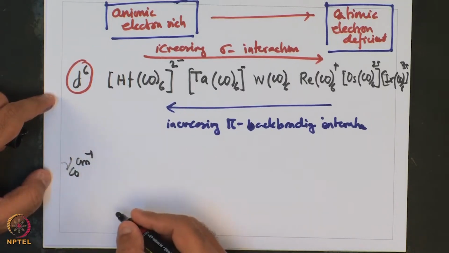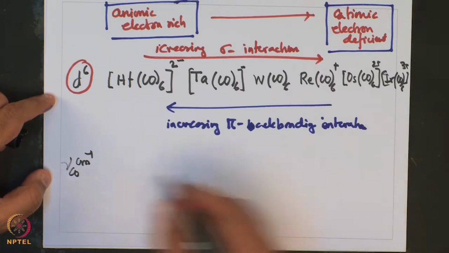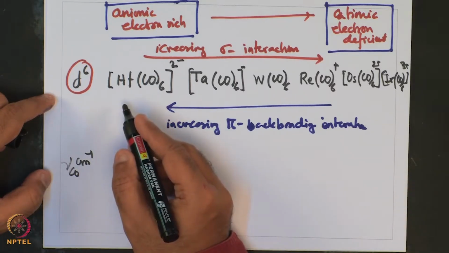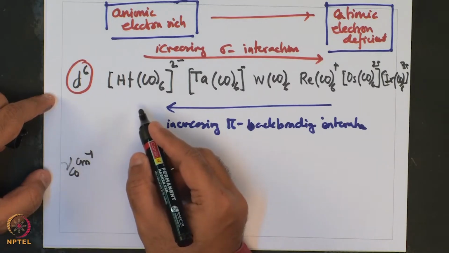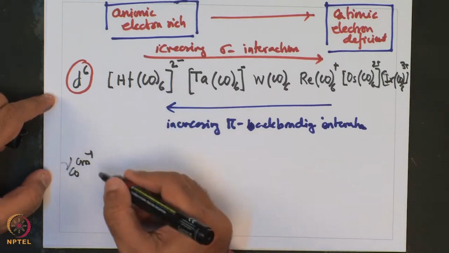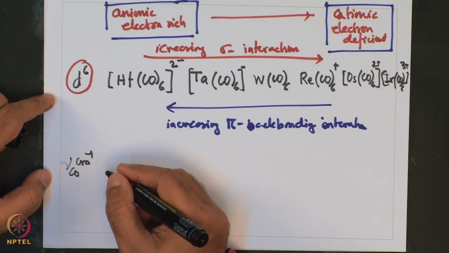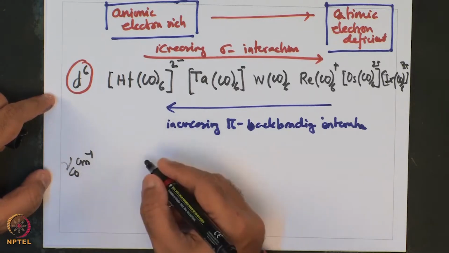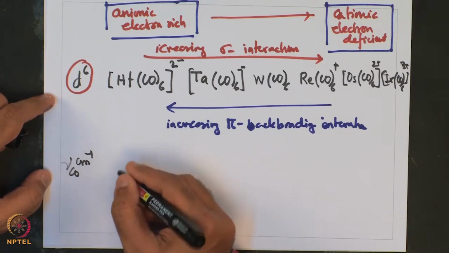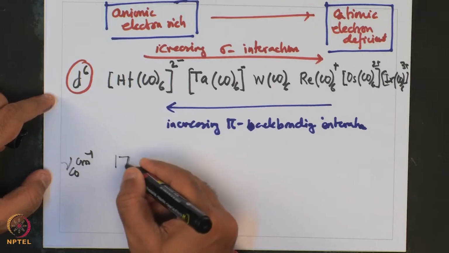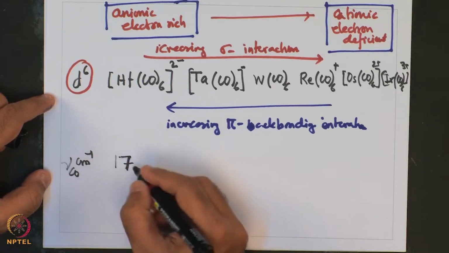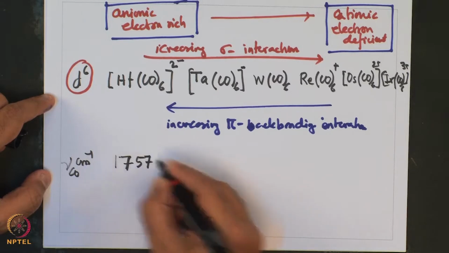In wavenumbers, for hafnium, which is highly electron rich and can undergo a significant amount of metal to CO back bonding, it has a very low stretching frequency of 1757.